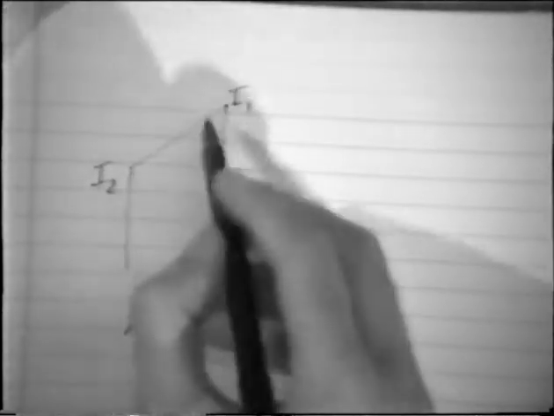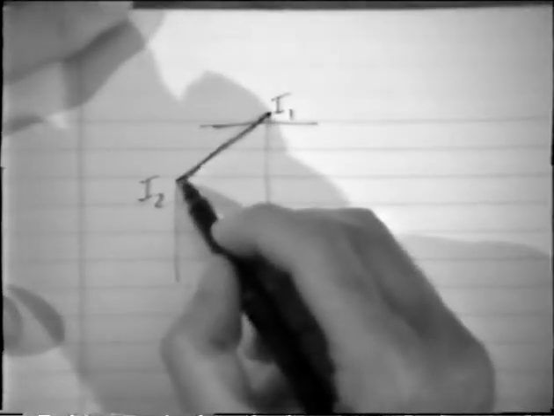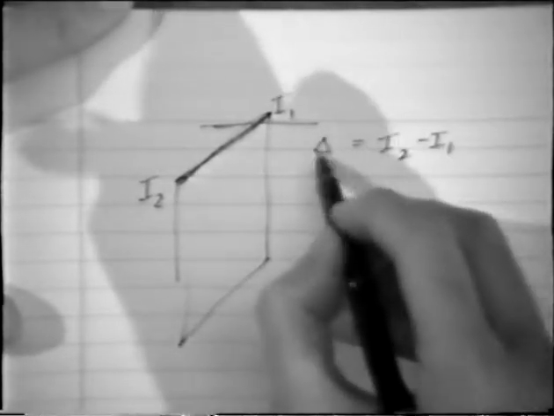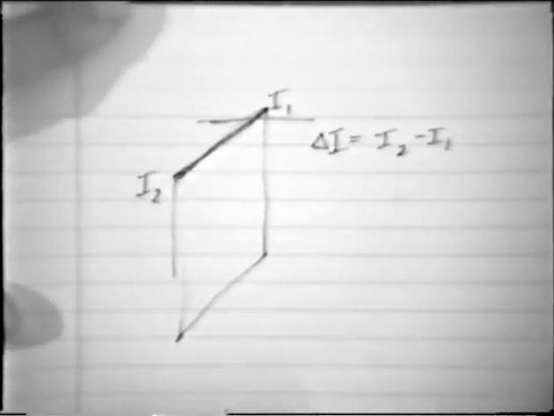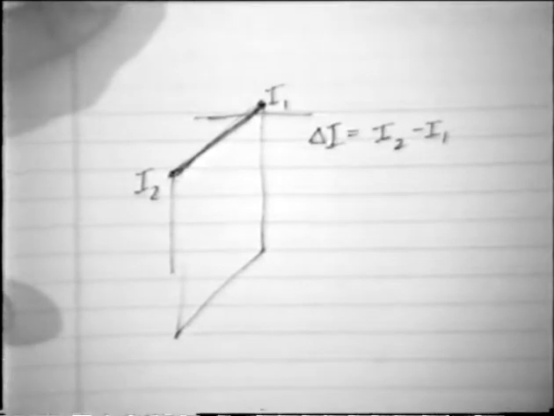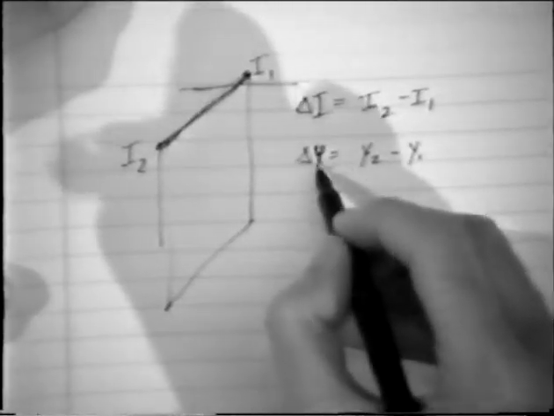When you initially start calculating the intensity for this edge here, when it starts becoming visible on the first scan line, you figure out the distance between I1 and I2, that's the change in I going all the way down, and you figure out the change in vertical position, which is the delta y.